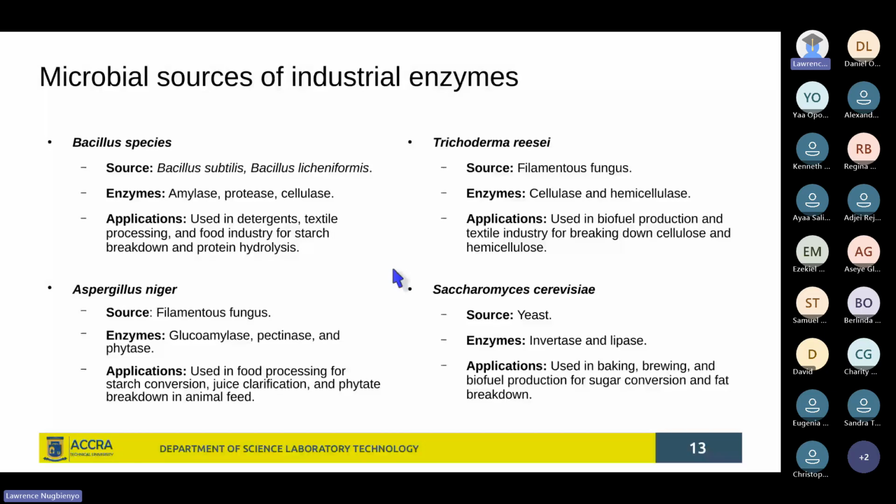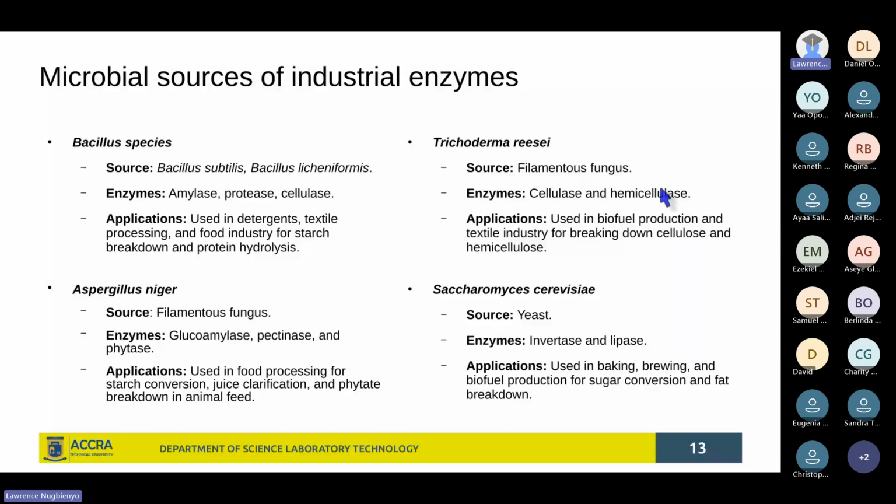Like this, Bacillus species is used to produce this common enzyme we're talking about: amylase, protease, cellulase. You can have bacteria producing that for you. Another one, Trichoderma, well, this is not bacteria. This is a fungus, and that produces cellulase, hemicellulase.